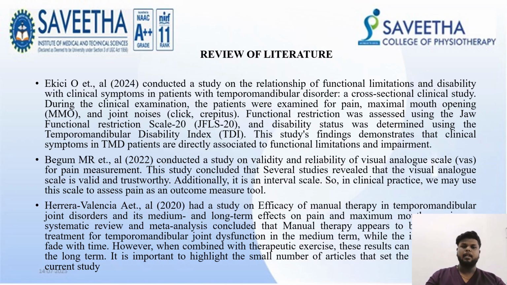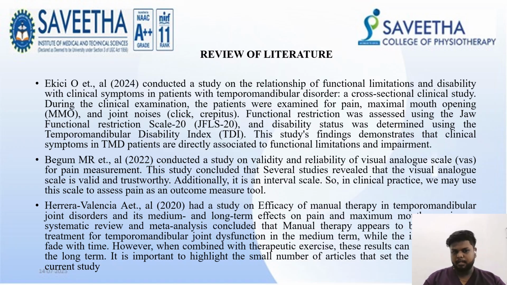Review of literature. In this, Eki et al. 2024 conducted a study on the relationship of functional limitation disability with clinical symptoms of temporomandibular disorder. It is a cross-sectional clinical study. In their study, the patients were examined for pain, MMO, that is maximal mouth opening, and joint noises like click, crepitus and so on.